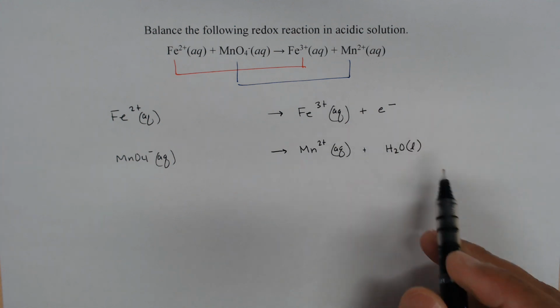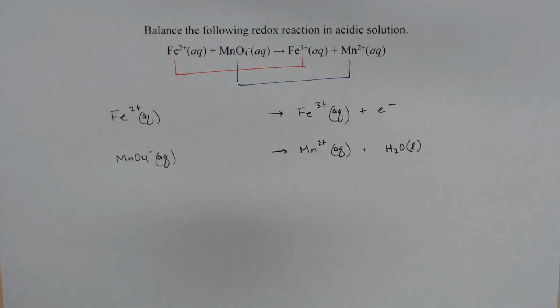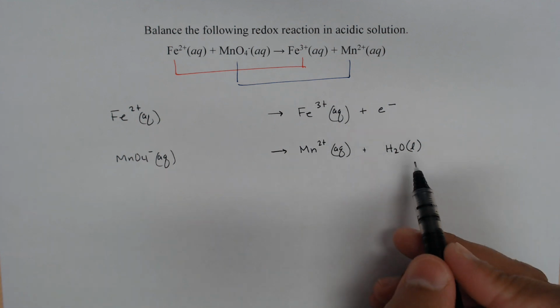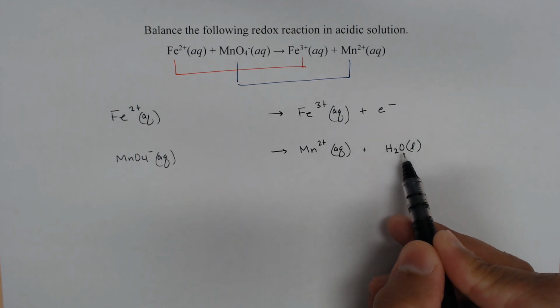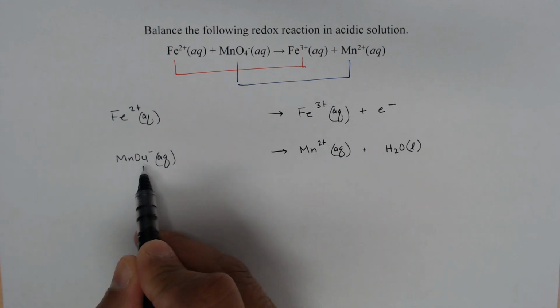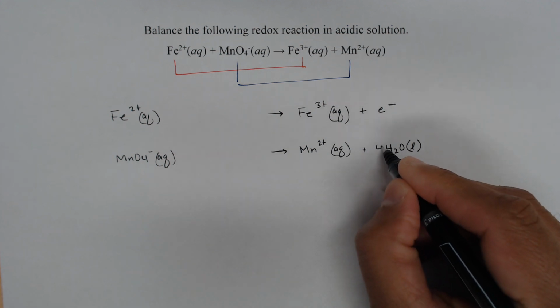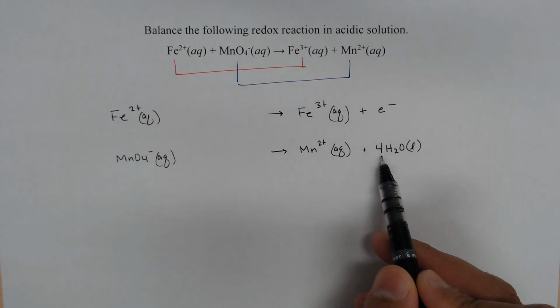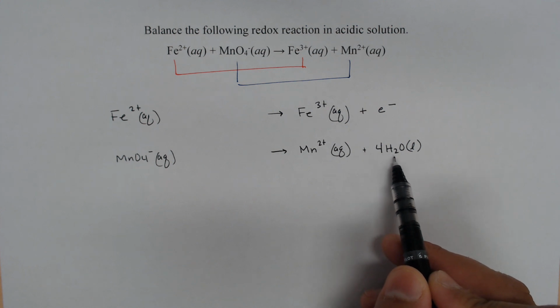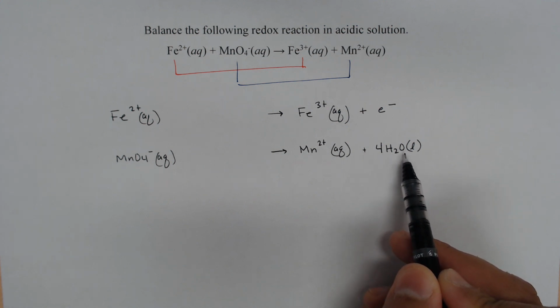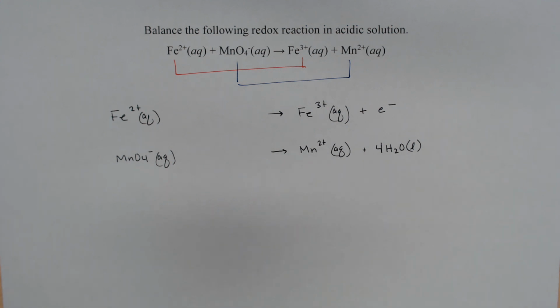The phase for water is liquid. Now, water has 1 mole of oxygen. We want it to balance with 4 moles of oxygen, so we'll add a coefficient of 4. And so this means there's 4 moles, or 4 times the water. Each water has 1 oxygen, so that gives us our 4 oxygens.